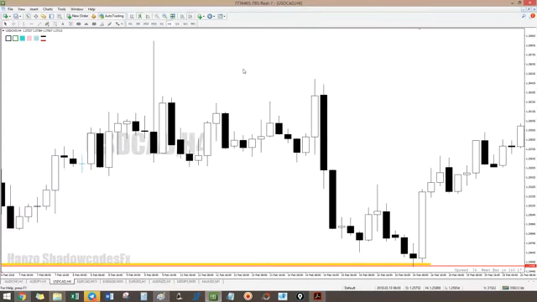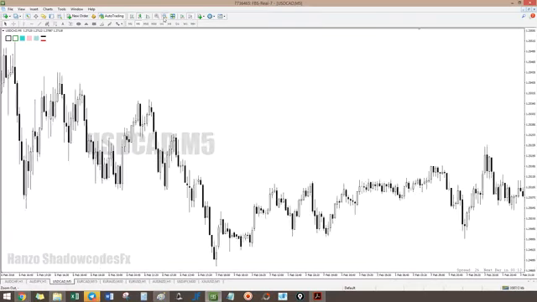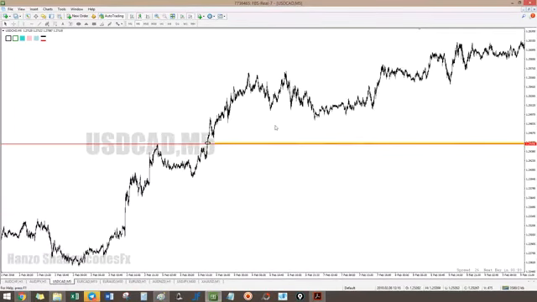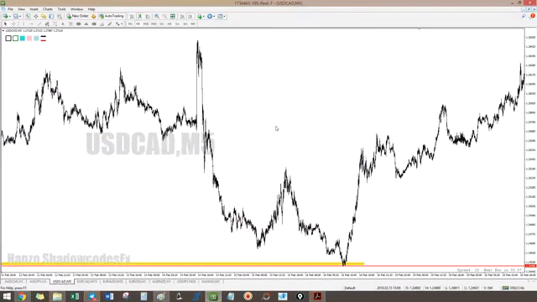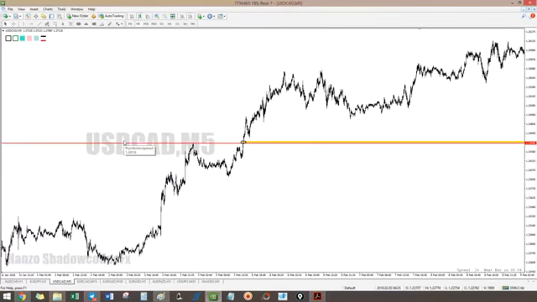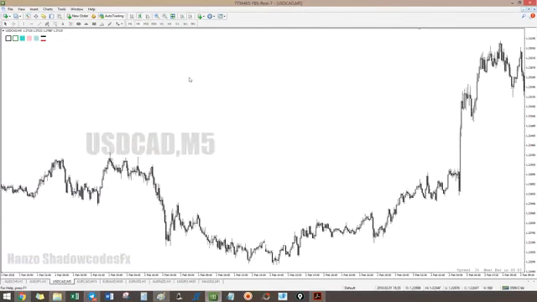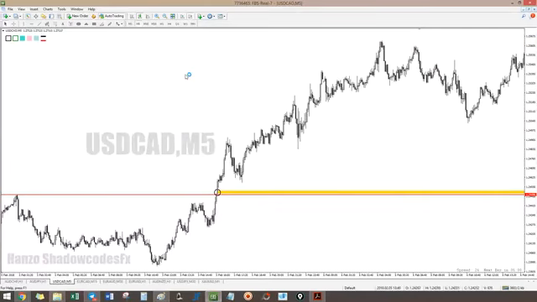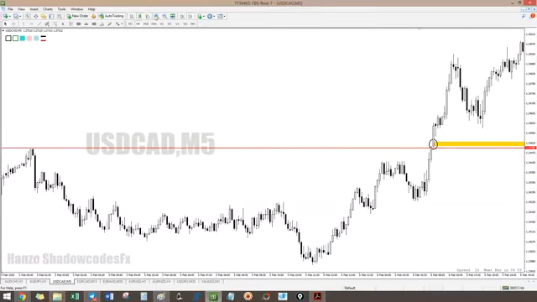So on H4, this one is on M5. Let's look here. Over here we find the clean break. There's no clean break here.